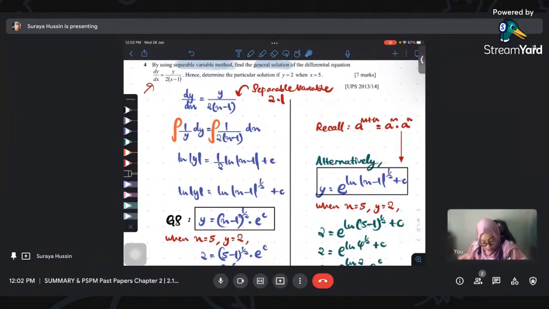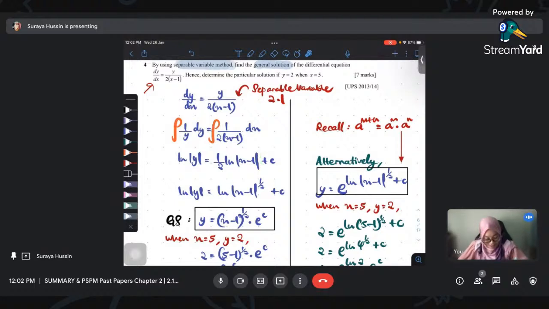Okay, so you integrate it, you will get ln y, ln modulus y. Okay, and then equal it to 1 over 2 bring outside. Belakang ni boleh integrate macam biasa. And then plus C. Plus C sentiasa satu kali je. Miss tak perlu ke buat banyak kali? Plus C kiri, plus C kanan. Tak payah. Buat je belah kanan plus C.